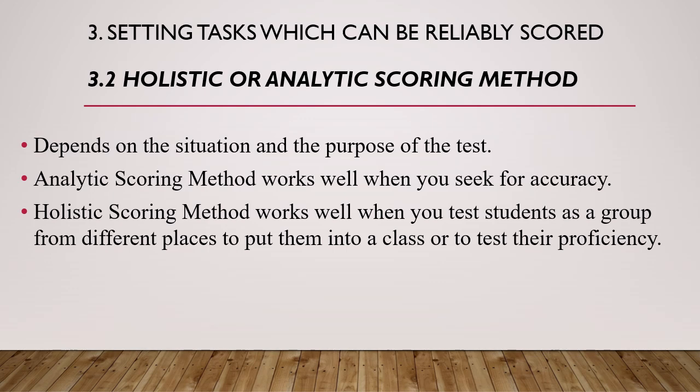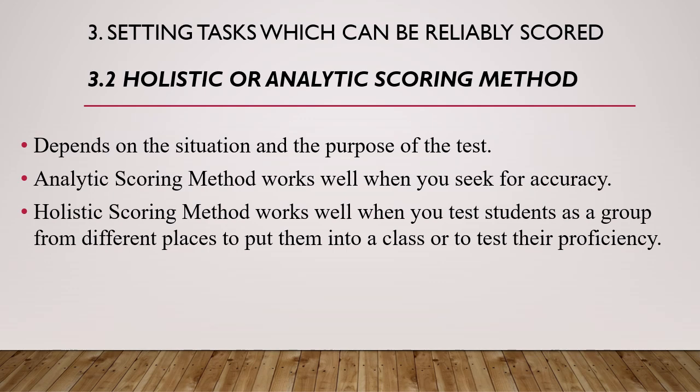But if you are doing a placement test or a final achievement test, where your purpose isn't to provide feedback or to find areas of improvement, but simply testing their ability to write after having studied for a certain period of time, then the holistic scoring method might be a more applicable scoring method to go for.